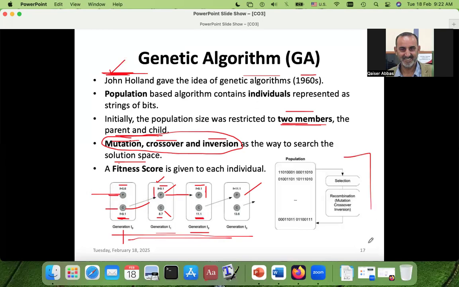This is also again explaining the idea of John, who gave the idea of the genetic algorithm in biology first. And here we are saying that in our population we will have these individuals, and we will represent those individuals with strings. Now we are slowly moving that concept towards computer science, okay?